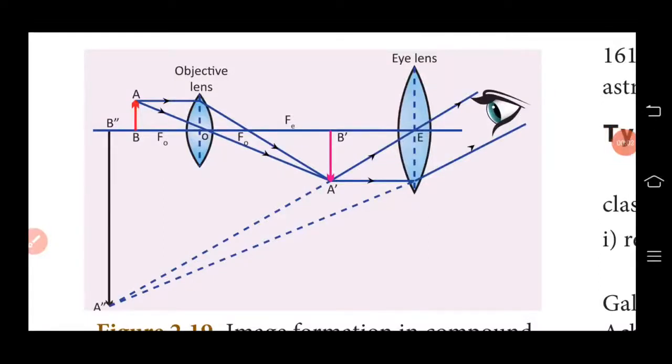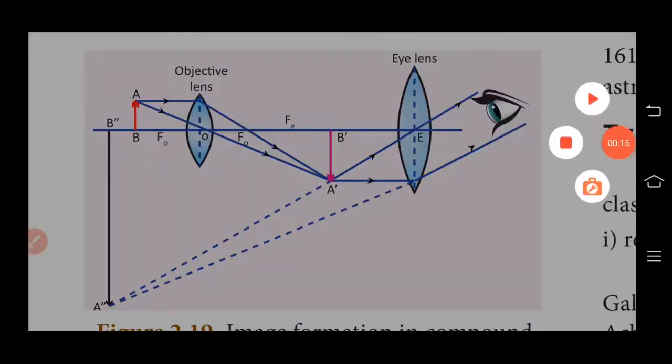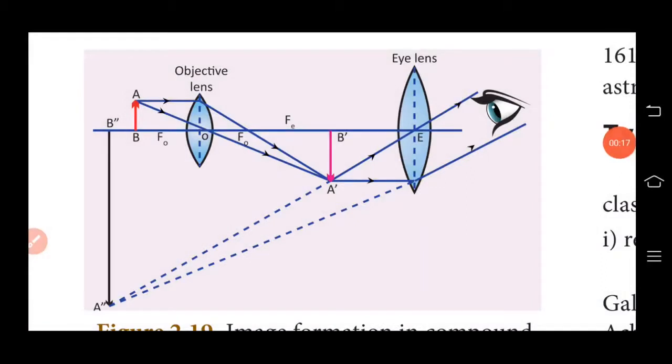The lens with a larger focal length and a larger aperture placed near the observer's eye is called the eye lens or eyepiece. Both the lenses are fixed in a narrow tube with adjustable provision.